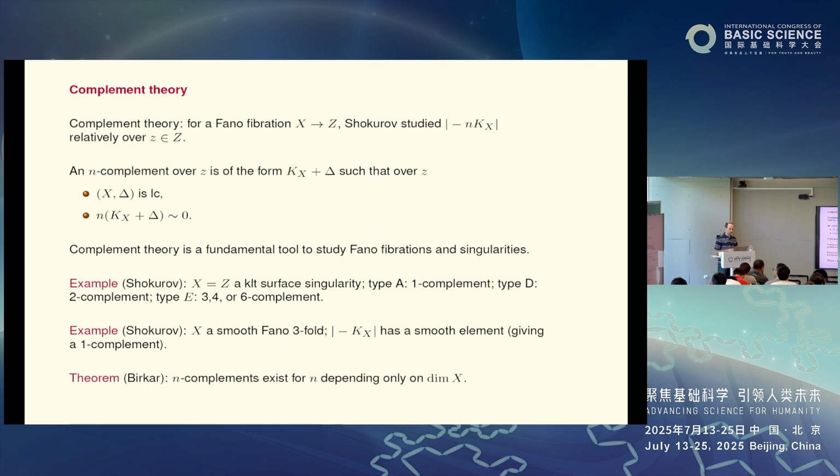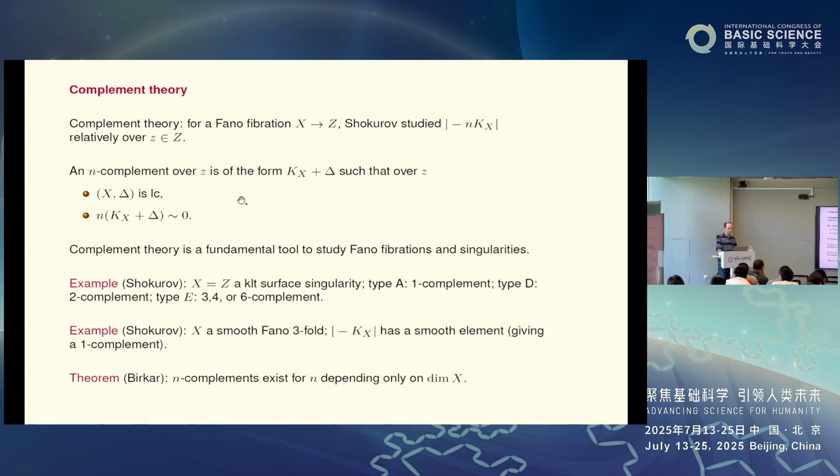We can fix a point on the base and see what we can get. So a complement basically is the choice of one of these n's and the choice of an element in minus nk when you look at it as a linear system. And I write this down as just a delta. So n times delta comes from minus nk. But I can also formulate it in this way.